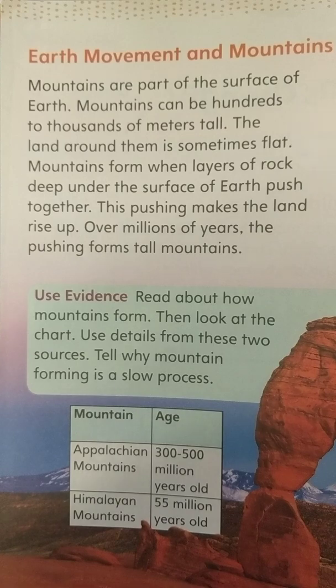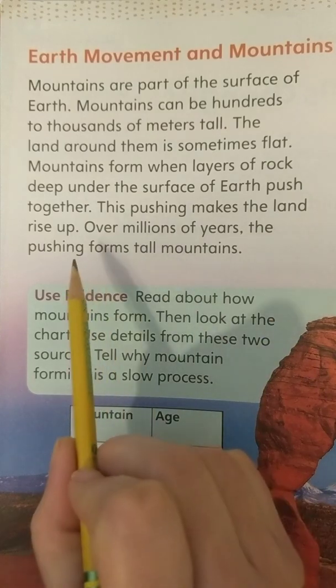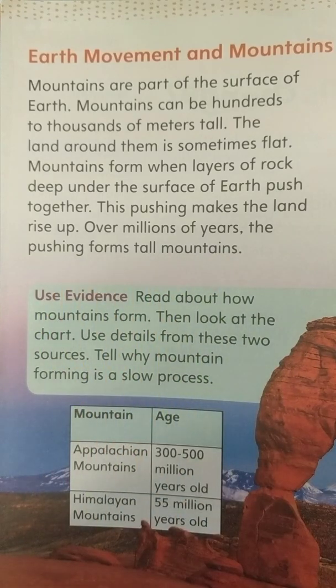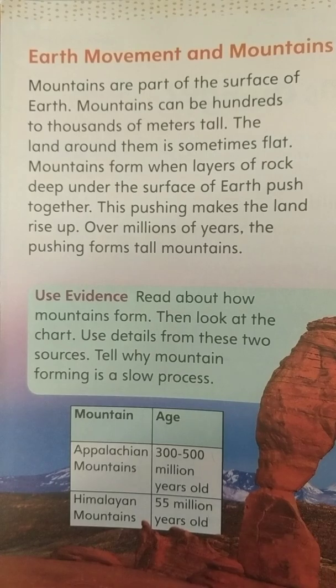Okay, you could have said this: over millions of years, the pushing forms the tall mountains. Or your other evidence could have been the chart showing the age of the mountains, because if it's that old, then that's how long it's taking that mountain to keep pushing up. So any one of these three would have been your evidence.